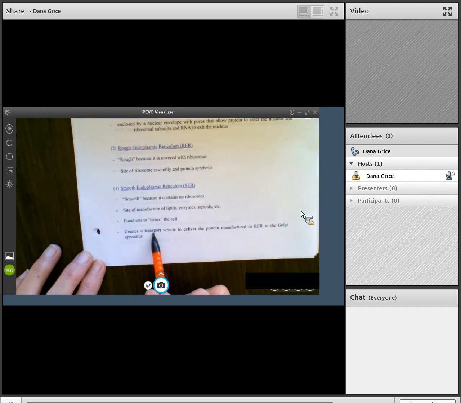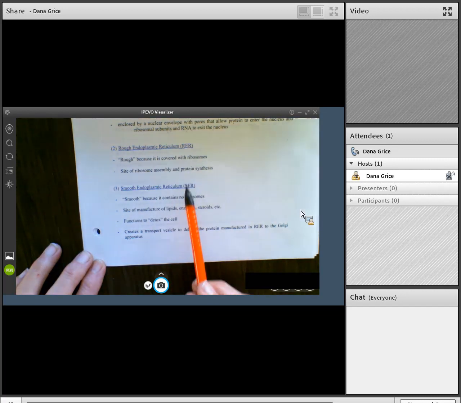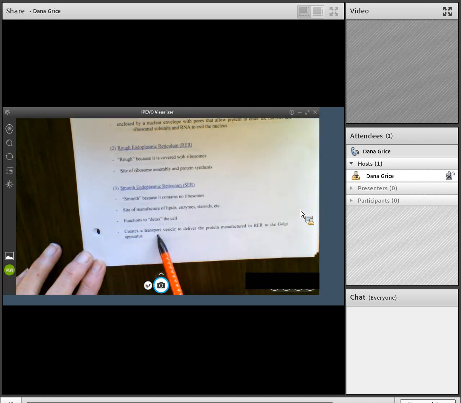A transport vesicle, and you do need to know the word transport here, is, for lack of a better word, simply a bubble that we're going to stick the protein in to isolate it. So we're going to take a protein from here over to what's called the Golgi. This transport vesicle can come from the RER or from the SER. It doesn't matter. The point is that the protein is wrapped in a bubble of protection so that we can move it to a place where it can be modified.